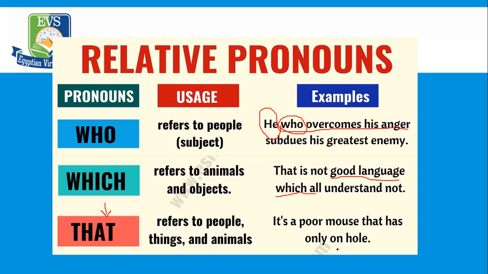It's a poor mouse that has only one hole. So the mouse is an animal. I use the relative pronoun that to describe the noun, which is an animal. He is my uncle that I met in the restaurant yesterday.